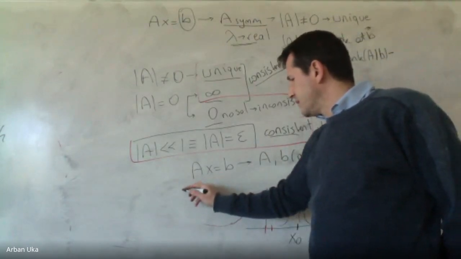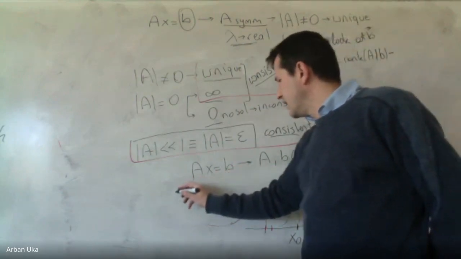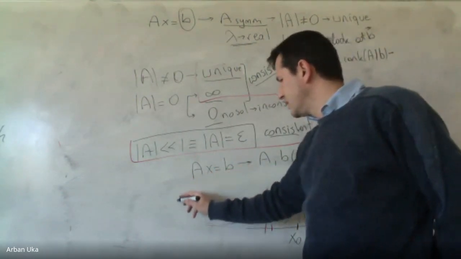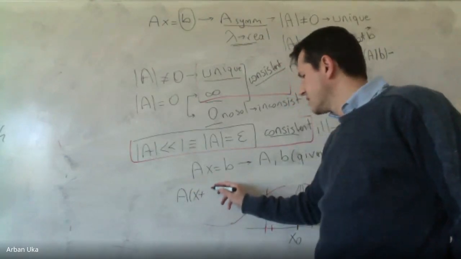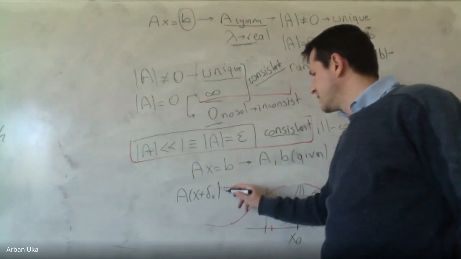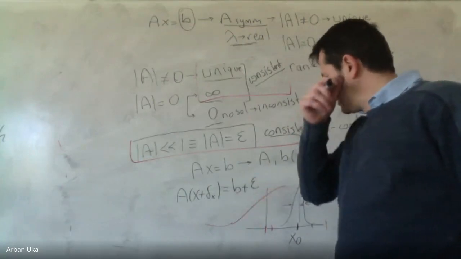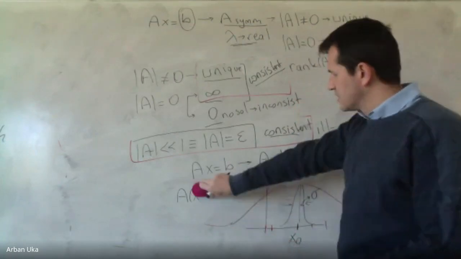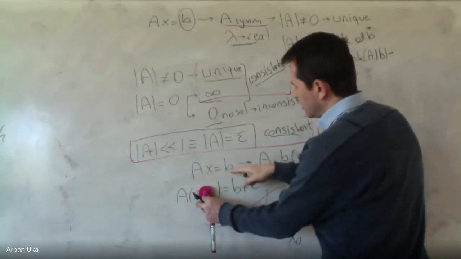For example, let's say that we change a little bit the b in this problem Ax equals b. We can also write here A(x + delta x) equals b plus some epsilon, okay? So let's assume that this was the system, and we change it a little bit, we put some perturbation in the b.